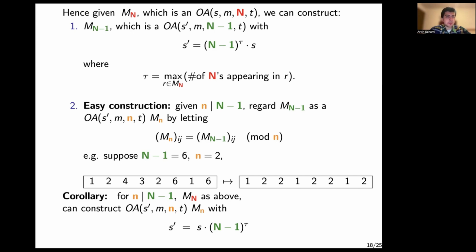However, the number of rows is blown up by this factor of (N minus 1) to the tau, where tau, as defined above, is the maximum number of letter N's appearing among rows of the original orthogonal array.